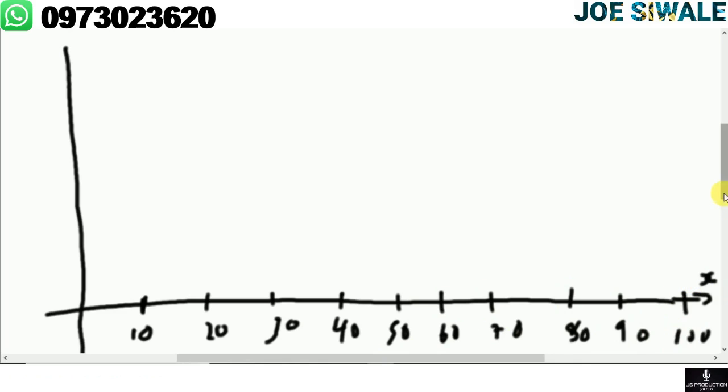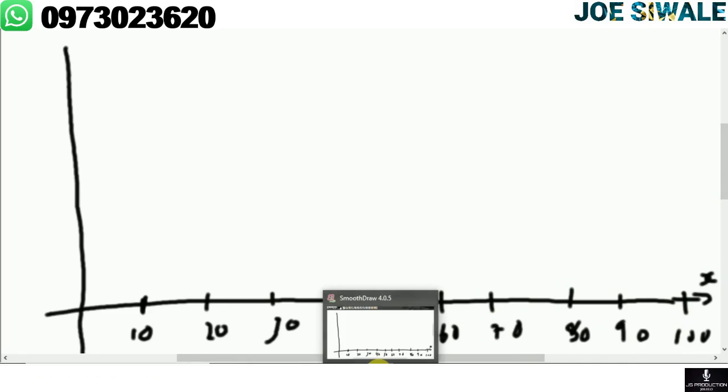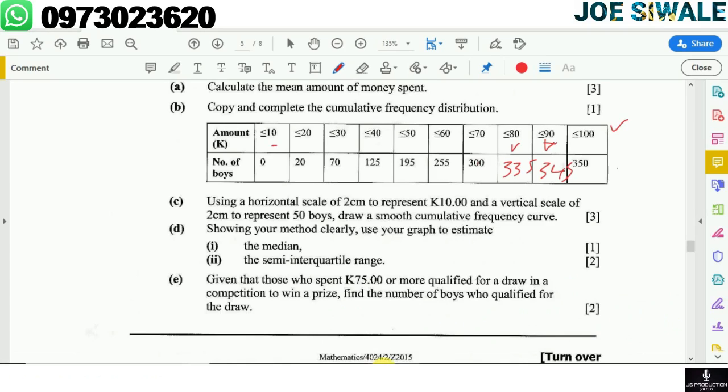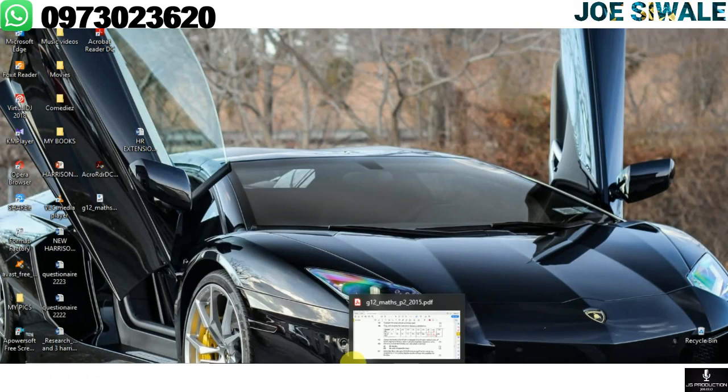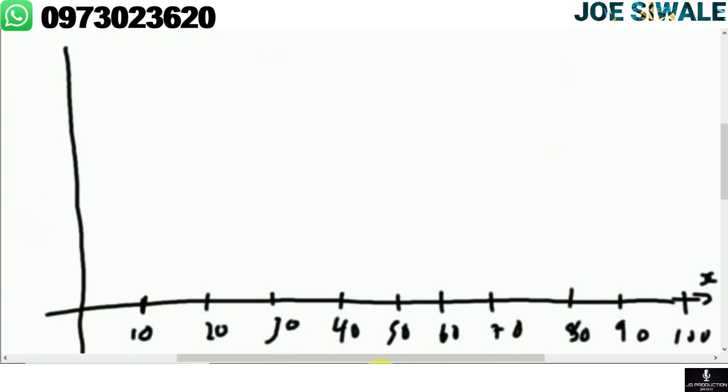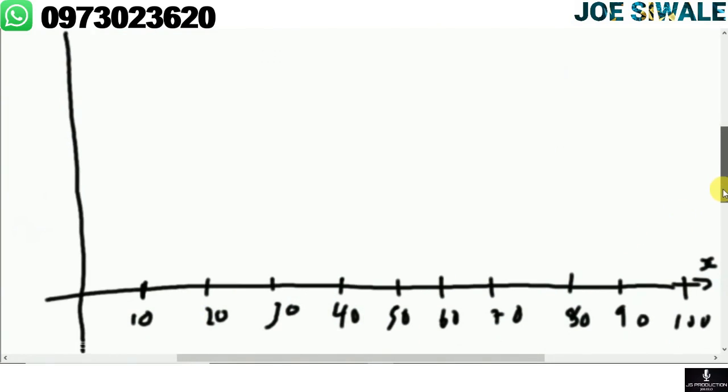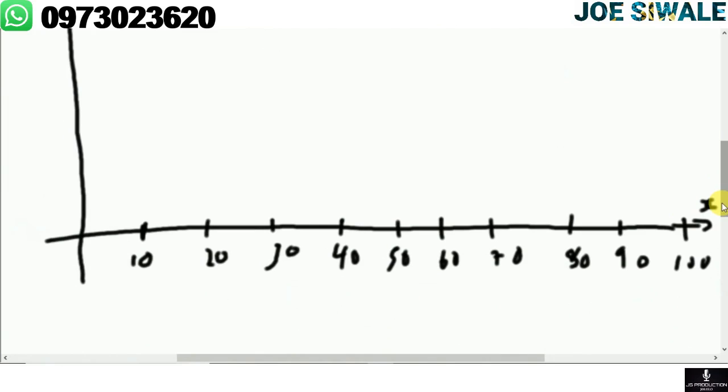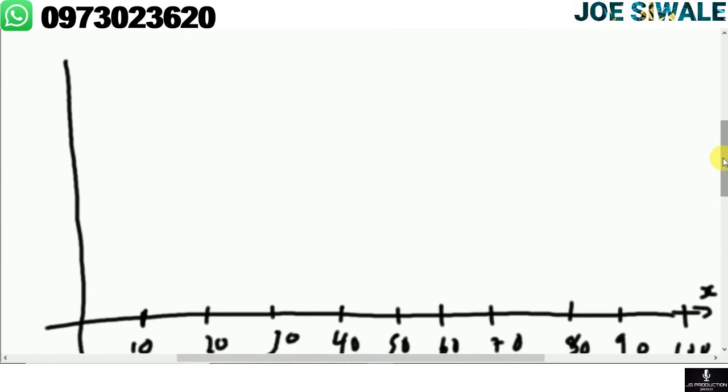So I know that my x-axis there represents amount, so I'm going to indicate amount there. Then on the vertical scale, it says 2 centimeters must represent 50, sorry.